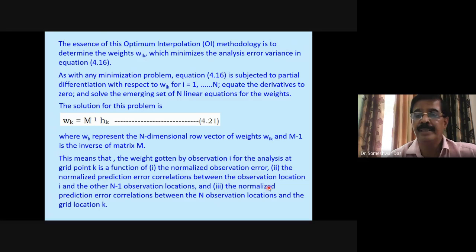And number three, the normalized prediction error correlations between the n observation locations and the grid location K. Okay. So in other words, we are trying to correlate the observational errors at all the grid points, the prediction errors at all the grid points, normalized values of that, of course, and the analysis also. Right.